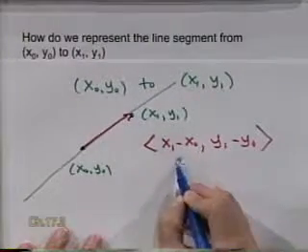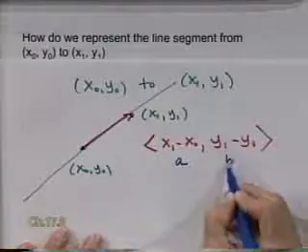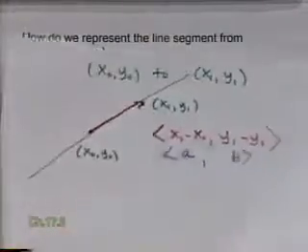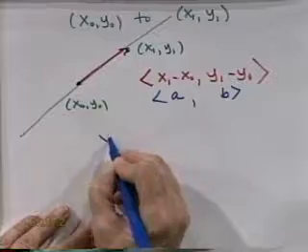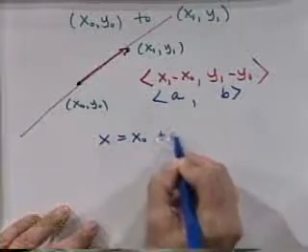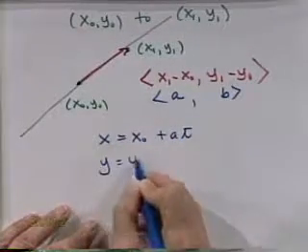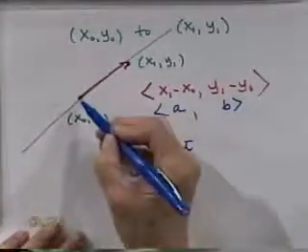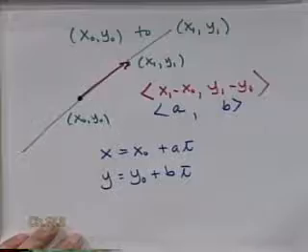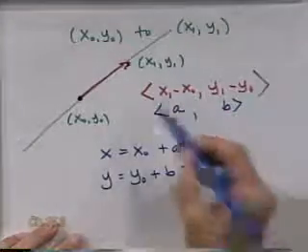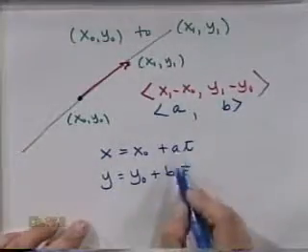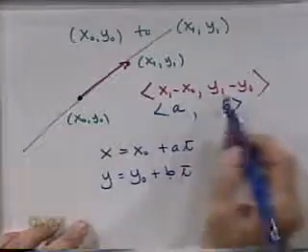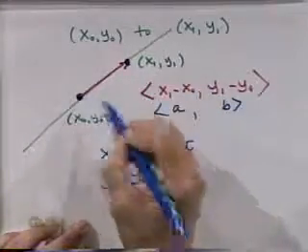So if I call this vector A, the A component, and this the B component, the parametric representation for this line would be x equals x0 plus at, y equals y0 plus bt, where x0, y0 is a particular point on the line, and A and B are the components you get of the vector by subtracting this point from that point.